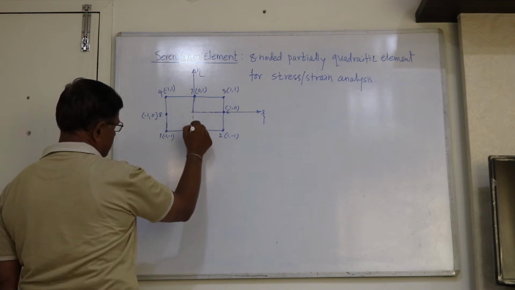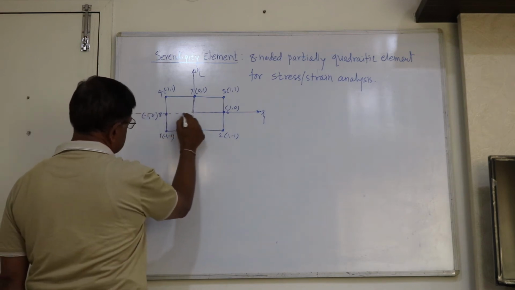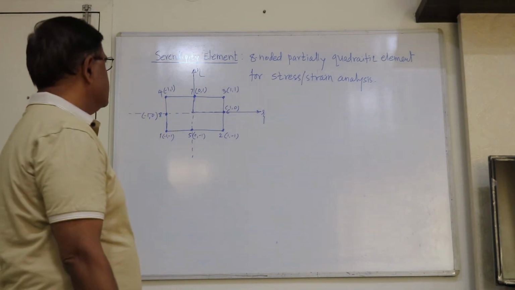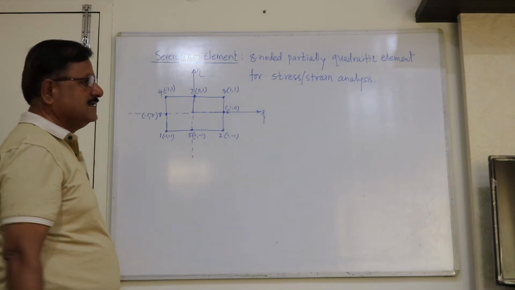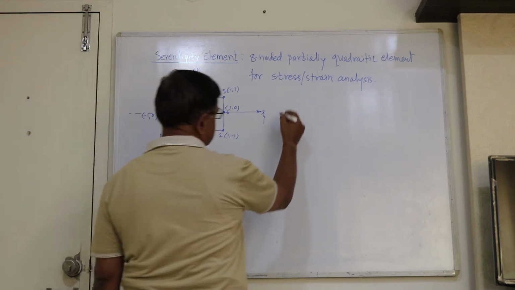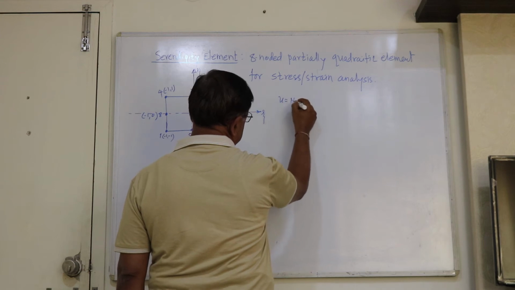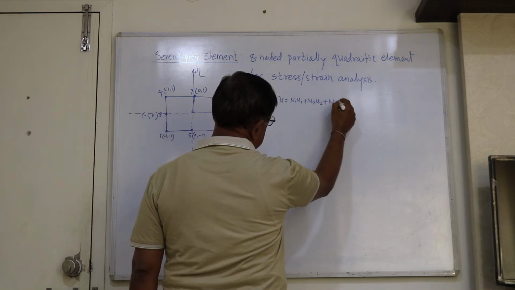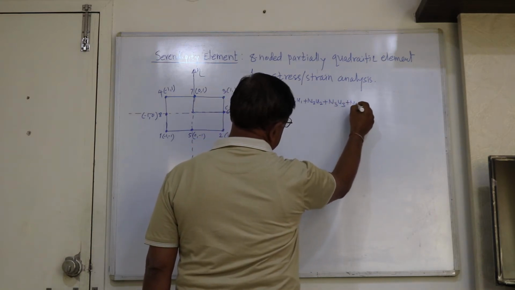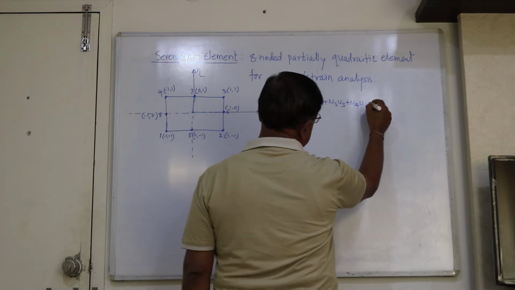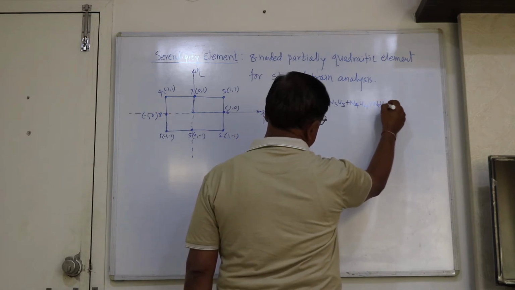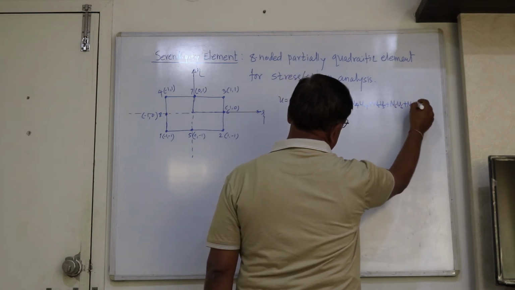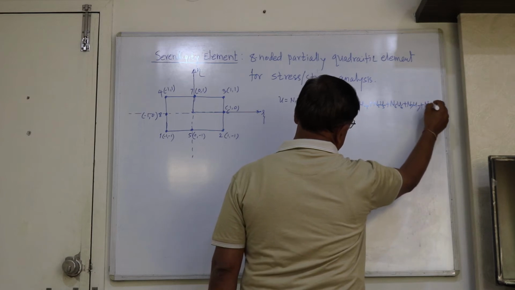So let's derive first the shape functions for 8-noded partially quadratic element. See, what will be the displacement function? Displacement function will be u equal to n1 u1, plus n2 u2, plus n3 u3, plus n4 u4, plus n5 u5, plus n6 u6, plus n7 u7, plus n8 u8.